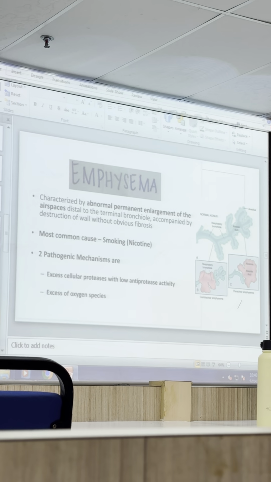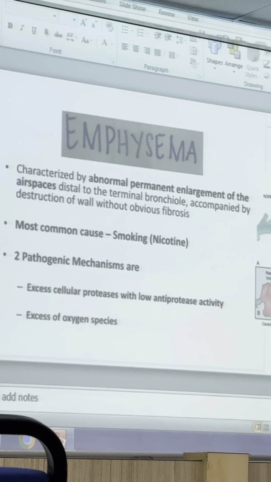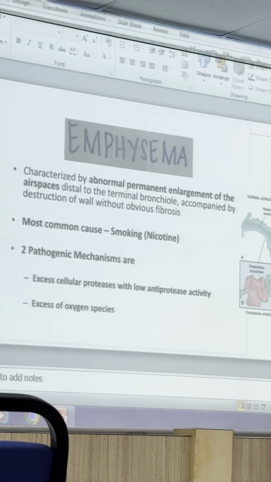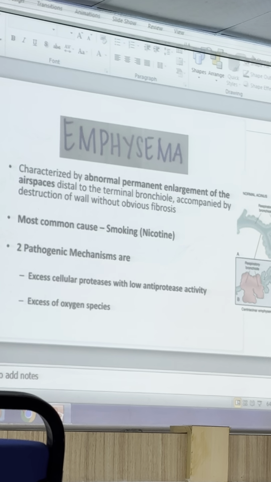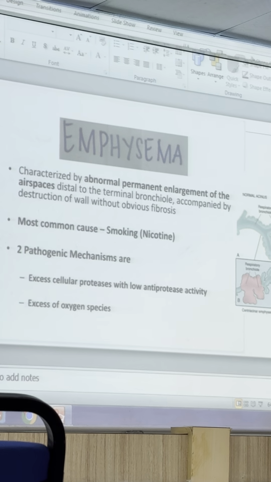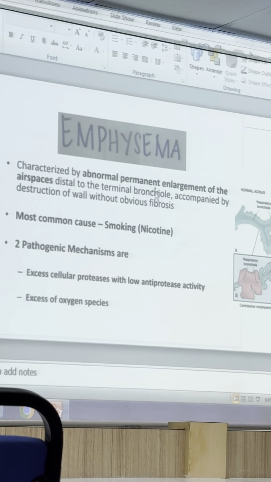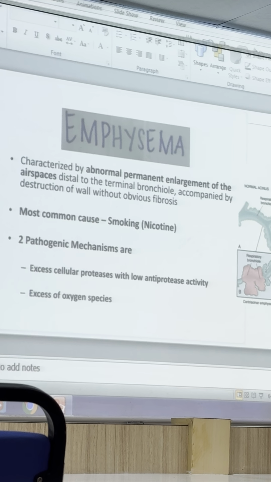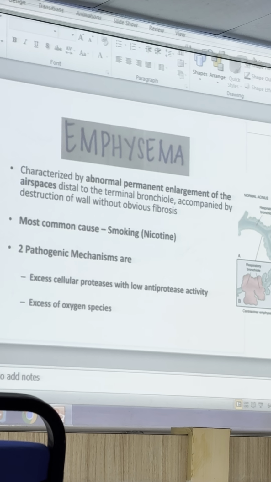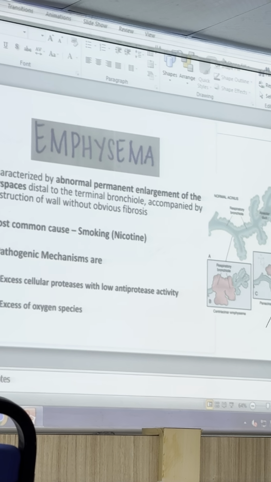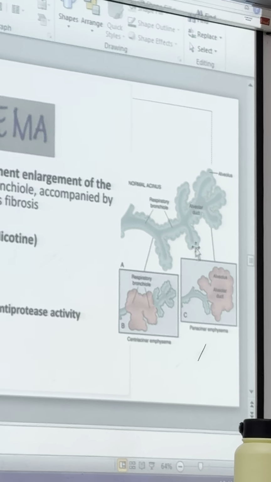Now for each of the further diseases, emphysema, chronic bronchitis and bronchiectasis, please remember the definition, the cause, and what is happening in the disease. Like in emphysema, there is dilatation of the alveoli.